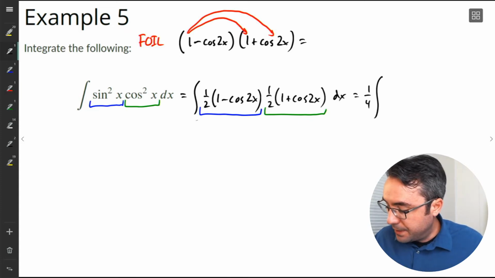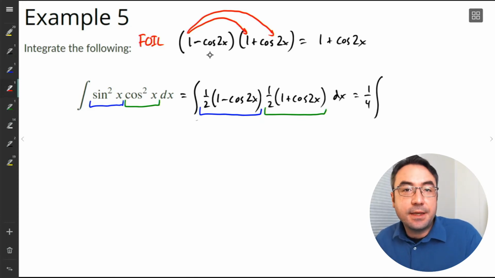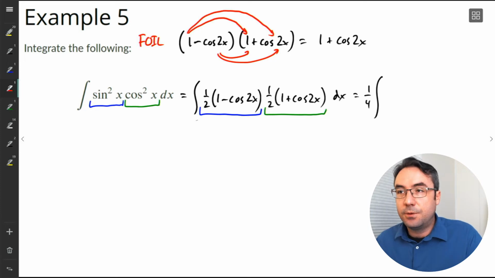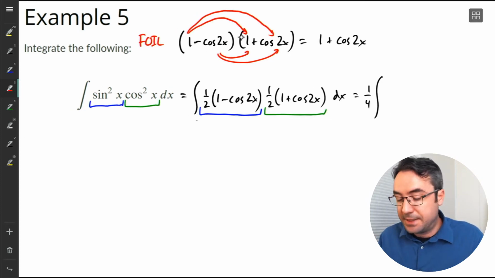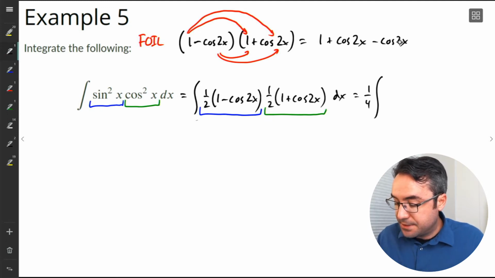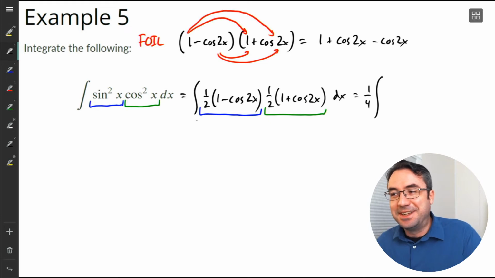So when we do that, we get 1 plus cosine 2x. And then we're going to go to our next term, the negative cosine 2x, and distribute that to everything in the second. So when we take that negative cosine 2x and multiply it with that positive 1, we end up with a negative cosine 2x. And then when we take that negative cosine 2x and multiply it with the positive cosine 2x, a lot of trig functions.